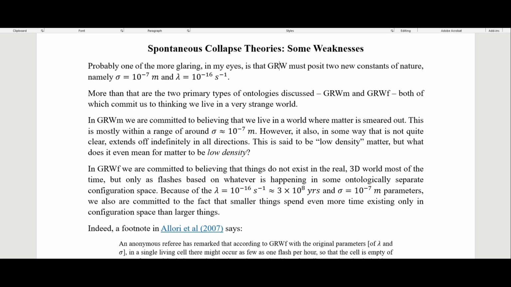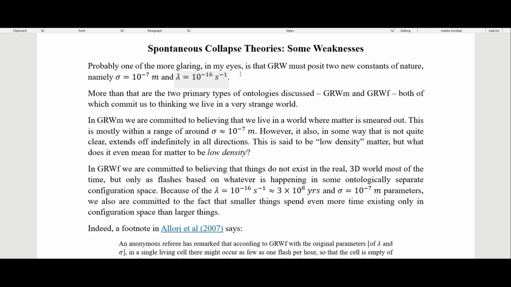Like I said in a previous video, this is based on phenomenological considerations, so they're essentially just posited as being things that will make the theory actually agree with observations. In that sense, they're not really derived from anything, and to me that seems like a weakness. Especially if you read the literature on it, not everybody even agrees on what these parameters ought to be.